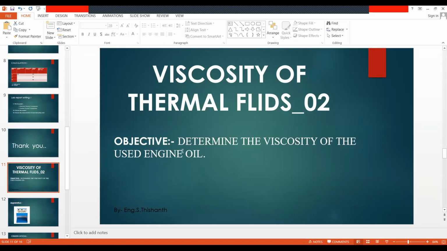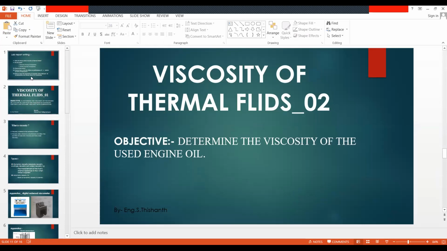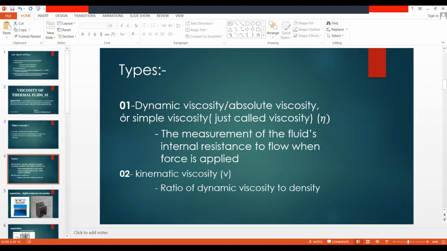In this session, the objective is to determine the viscosity of the juiced oil, and you have to plot how viscosity changes with temperature. There are two different types of viscosity, as we saw in the previous practical. One is dynamic viscosity, or just viscosity, or absolute viscosity.